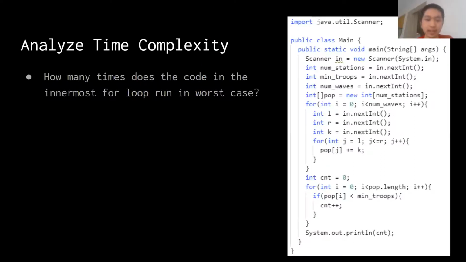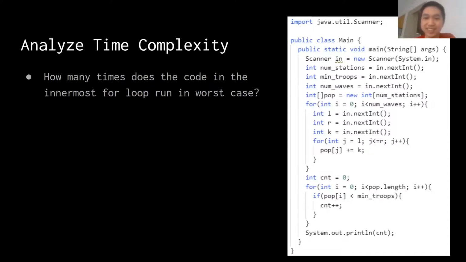I'm going to say n equals the number of stations and q equals the number of updates. So how many times would the code in the innermost for loop run in the worst case? Population at j plus equals k. How many times is it going to run? Express it in terms of n and q.